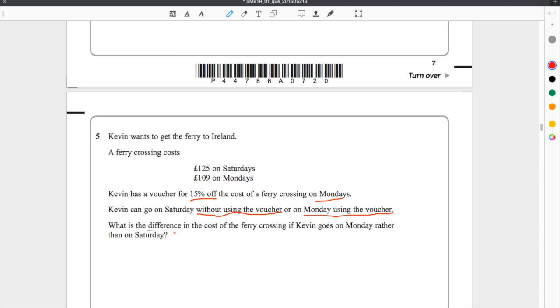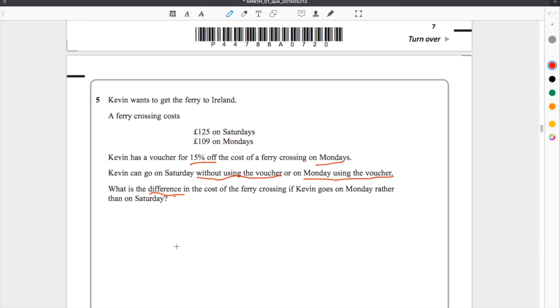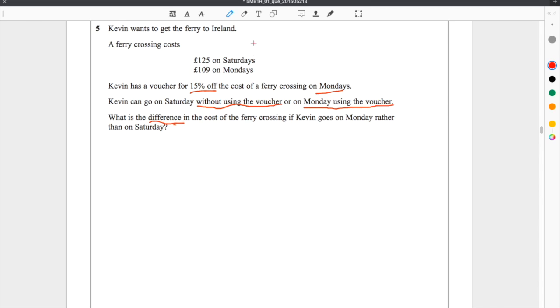What is the difference in the cost of the ferry crossing if Kevin goes on a Monday rather than on a Saturday? So, clearly the cost on a Saturday is fixed at £125, so I'm going to write S for Saturday, and that's fixed at £125.